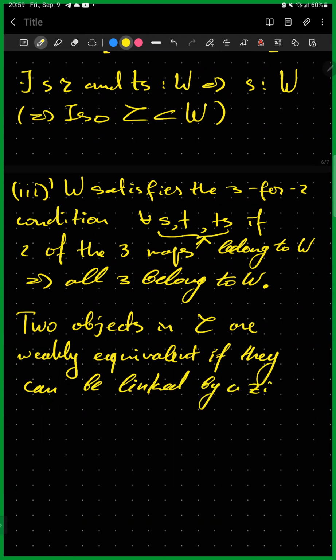So if C, D are homotopical categories, then F from C to D, better denoted with a small letter, is a homotopical functor if it preserves weak equivalences. So if it takes weak equivalences inside of C to weak equivalences inside of D.